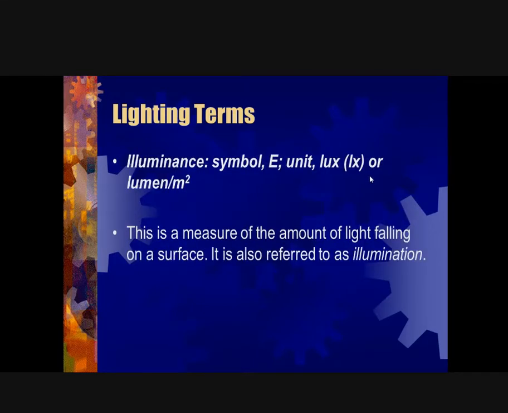Illuminance, symbol E, is measured in lumens per meter squared, or the lux. When we talk about how many lux are coming from a source, it means the amount of light reaching a particular surface. If we are in our room reading at our reading table, the light reaching our book for us to be able to see the words is a measure of the illuminance.